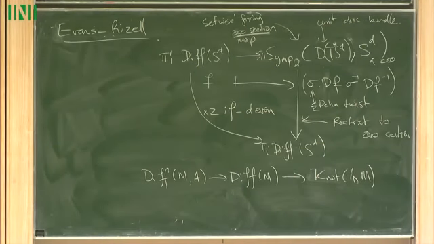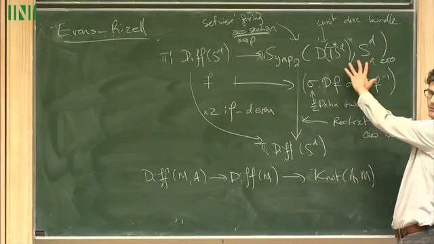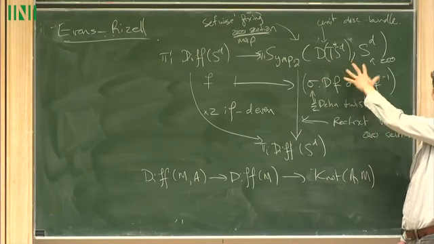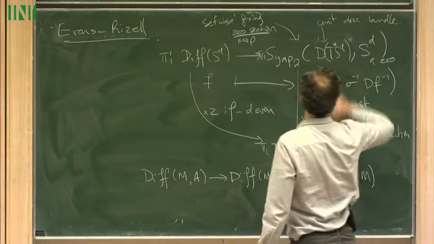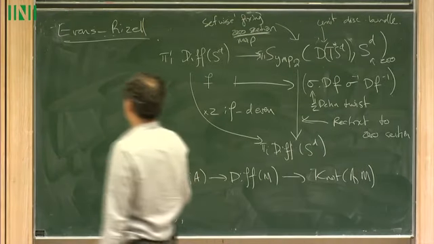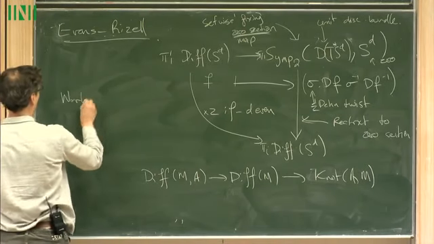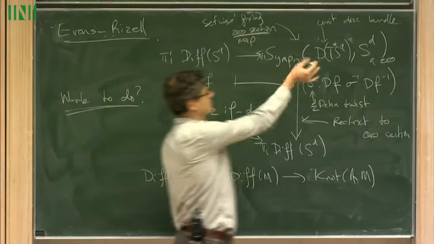Just another comment. This group sits inside the symplectomorphism group of lots of symplectic manifolds, right? You just need a Lagrangian. Because it's relative to the boundary, you can put it into lots and lots of them. So if you happen to find rational homotopy here, you have a good chance to try and put it into bigger manifolds. Okay, so there's work to do here. And I honestly don't know what happens when you remove the condition.